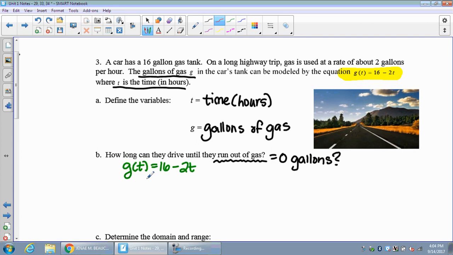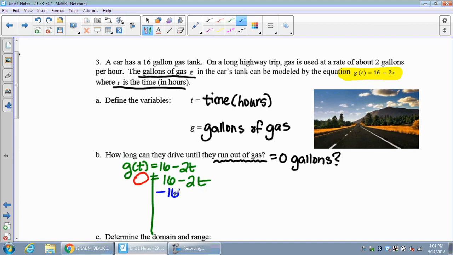Here, my output notation is actually in function notation, so this entire piece becomes 0 equals 16 minus 2t. And now I'm ready to draw a line down my equal sign and solve. So we have plugged in 0 for the output, and we are going to solve for t. We're going to solve for the time. Let's do that. So first, I see I have a positive 16.